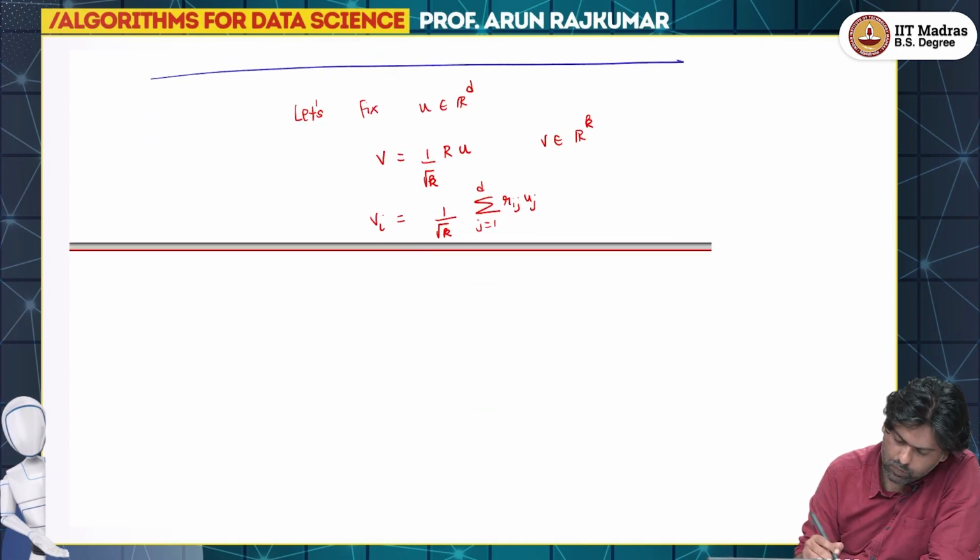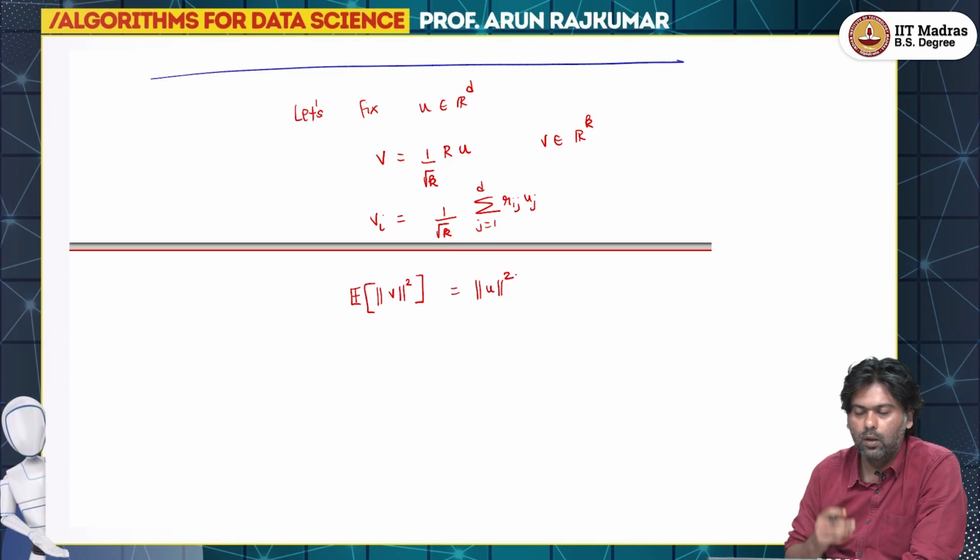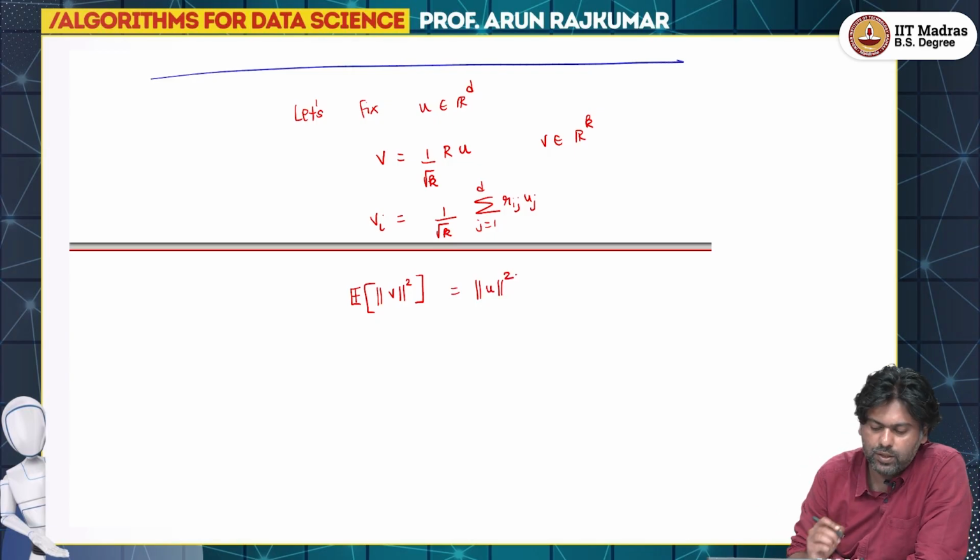Now, it is not too hard to show that the expected value of norm v squared is just norm u squared. This is essentially the unbiased nature of this estimate. So take this as an exercise.